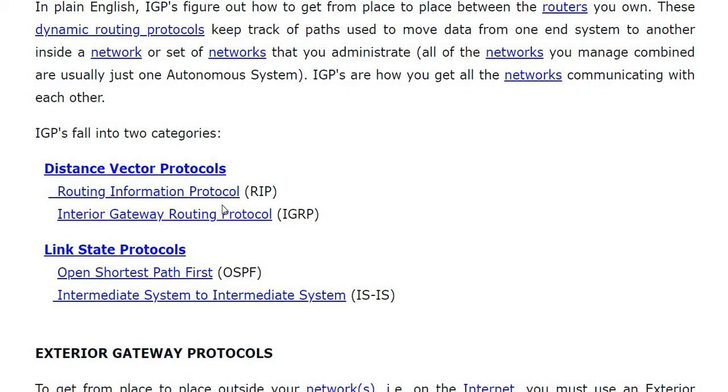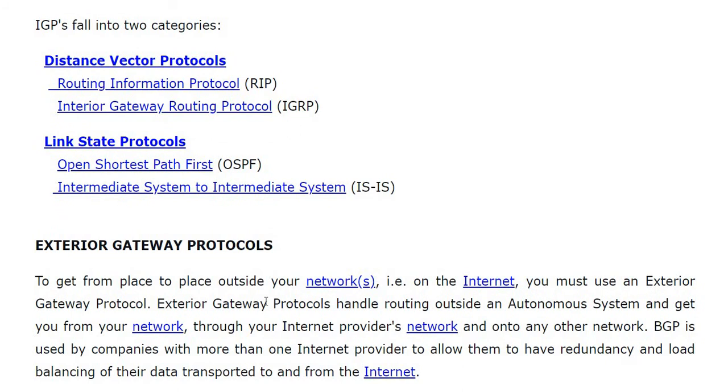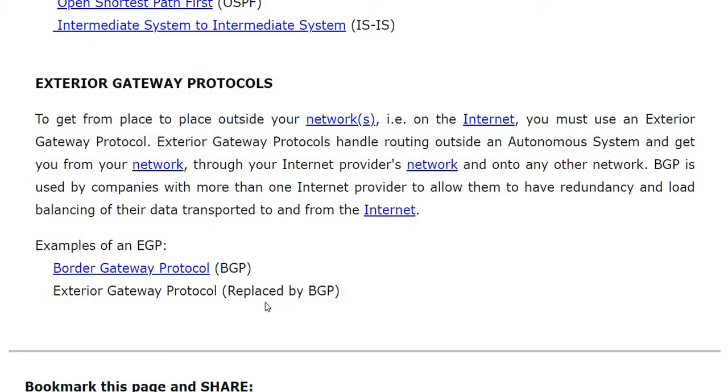We'll try to see in the next class what the link state is, what open shortest path first is, and what IS-IS is in depth. Okay, the next point is the exterior gateway protocols, to get from place to place outside our network.